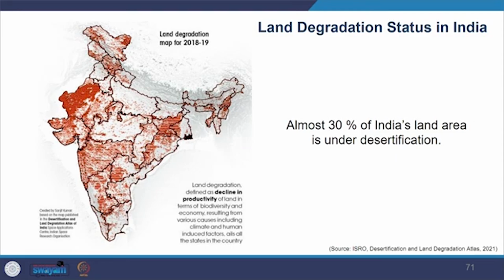Many of our states have recorded an increase in the degraded land in the past 15 years, with the most rapid increase being noted in biodiversity rich northeastern states. And India has committed to restore 26 million hectares by 2030. So you can see here the range of land which we are losing.